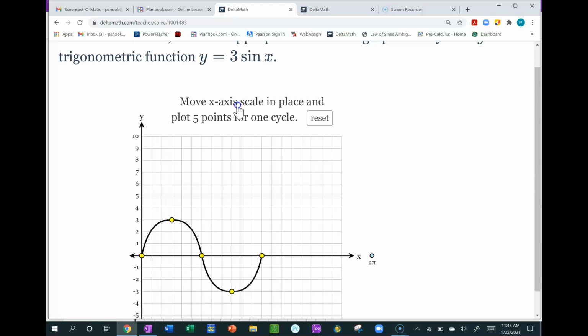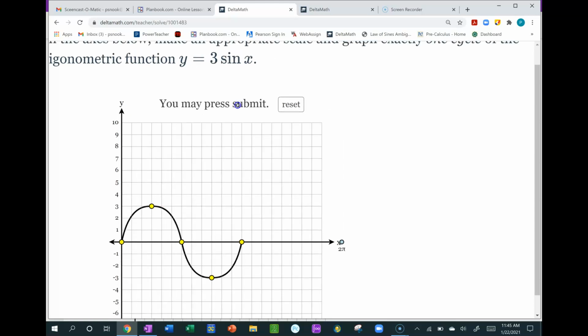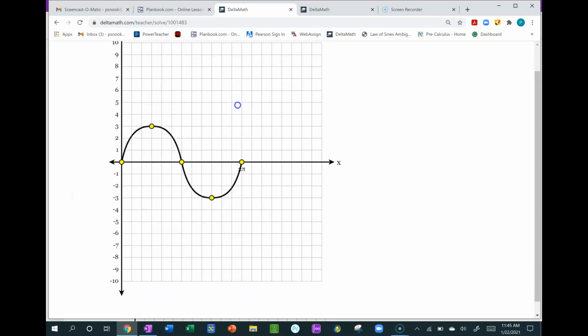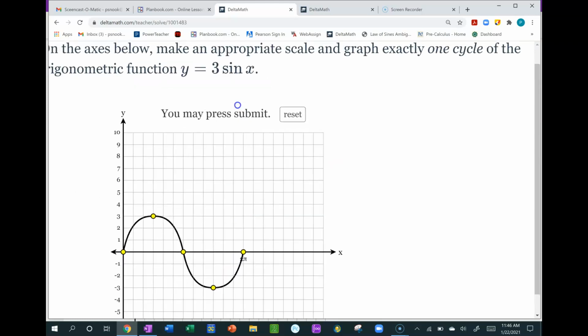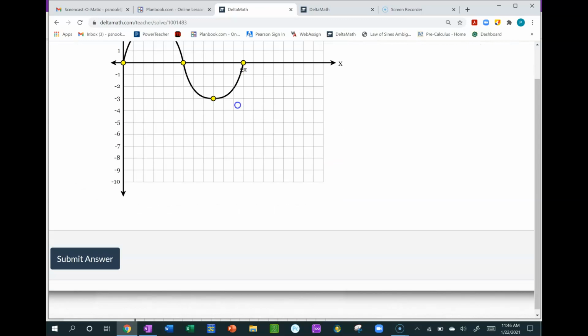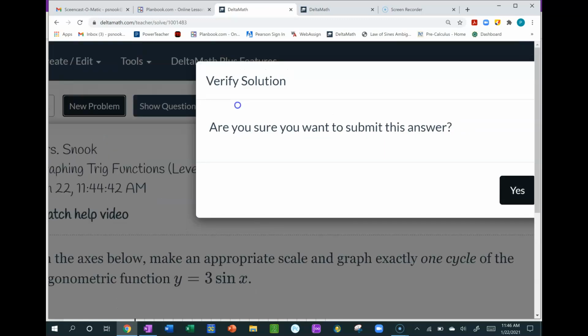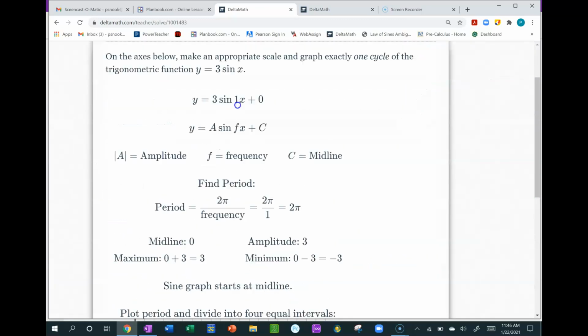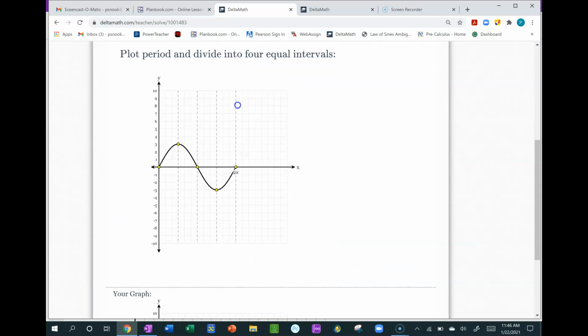So you see how it did the graph for me? The other thing I need to do is make sure that I slide this one. It has to be at 2 pi so that my period is correct. All right, I think I'm ready to submit my answer. And see, we got it.